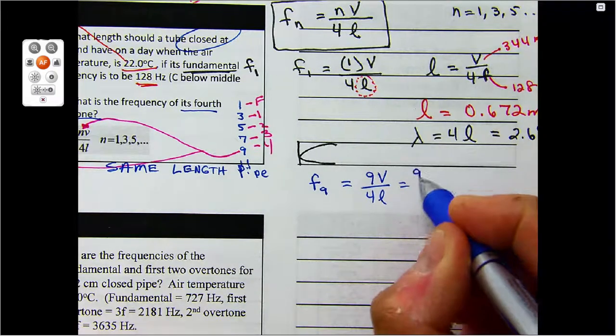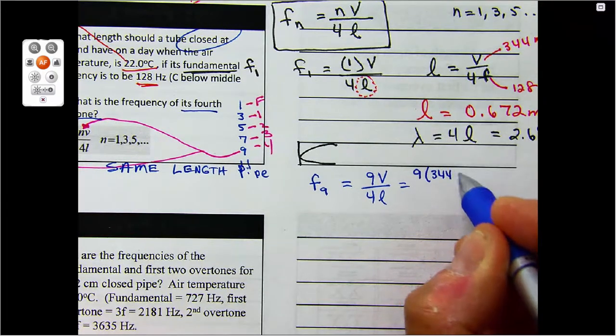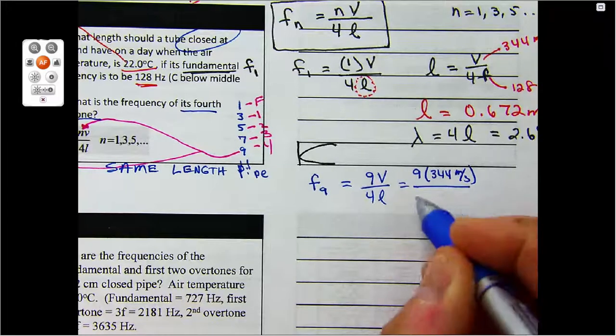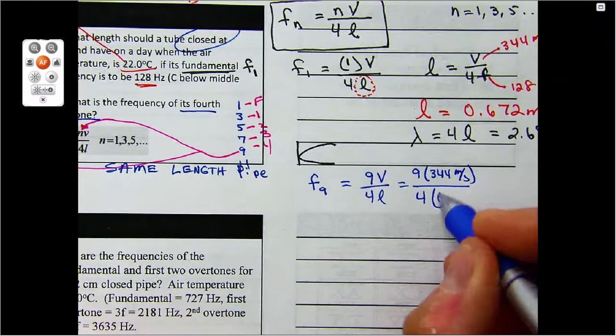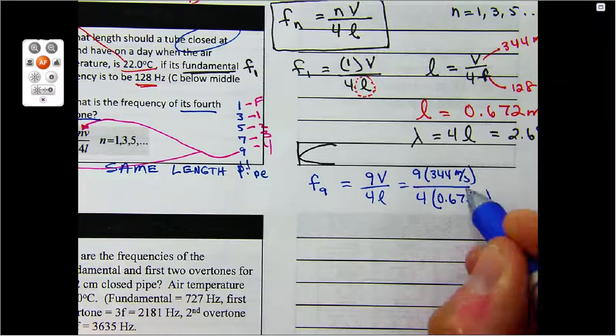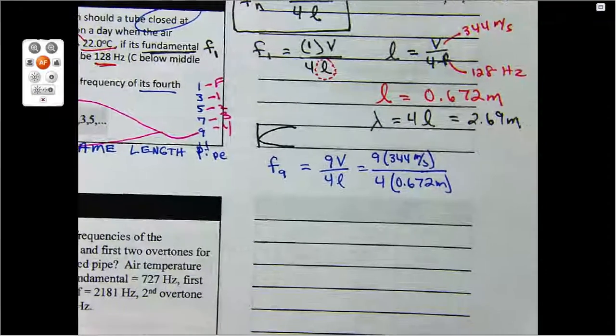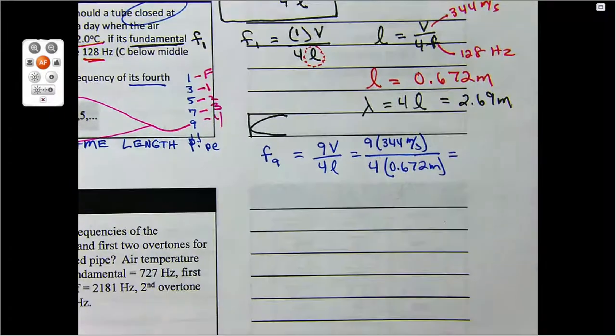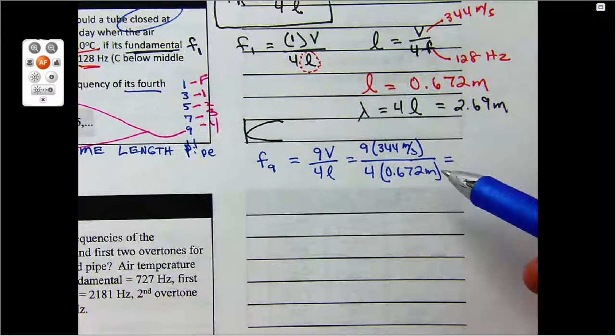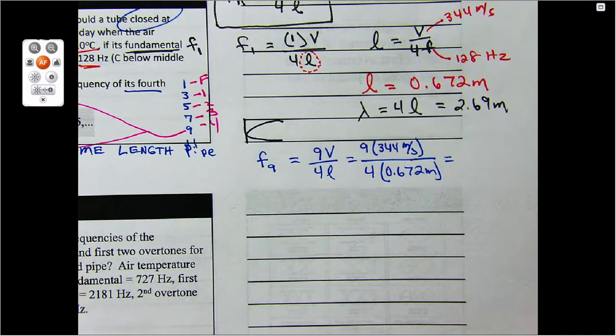My velocity is 344 meters per second divided by 4 divided by 0.672 meters. So we should get the same as 9 times 128. We're going to get what? 11 something?